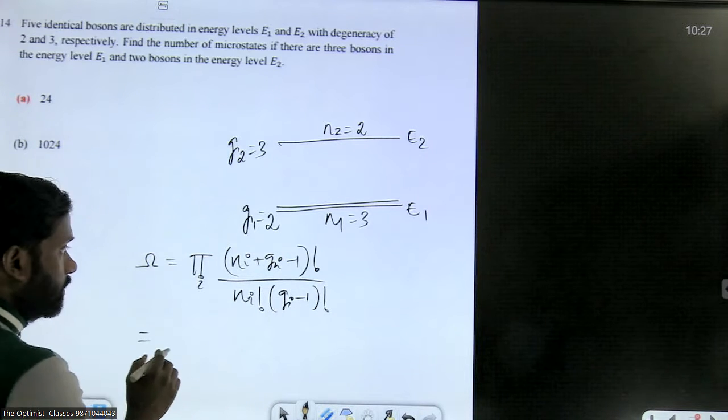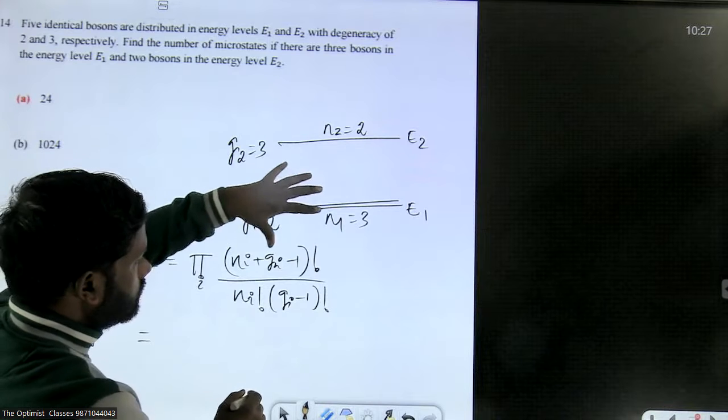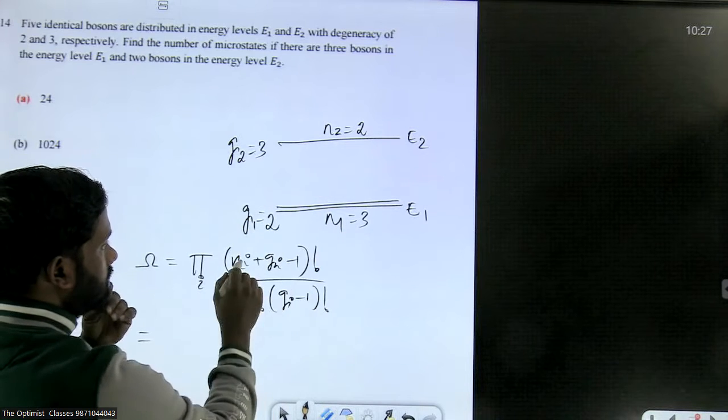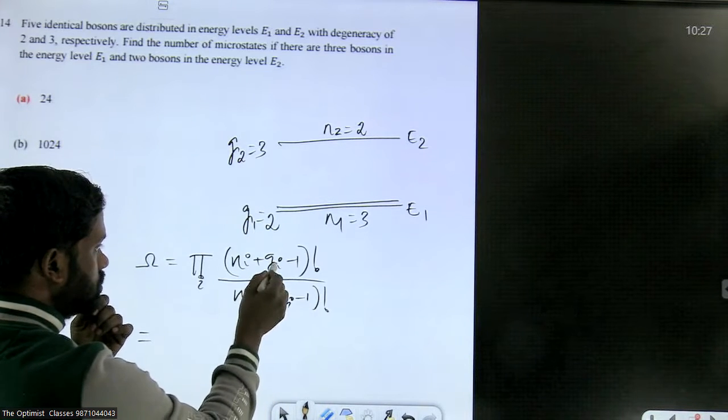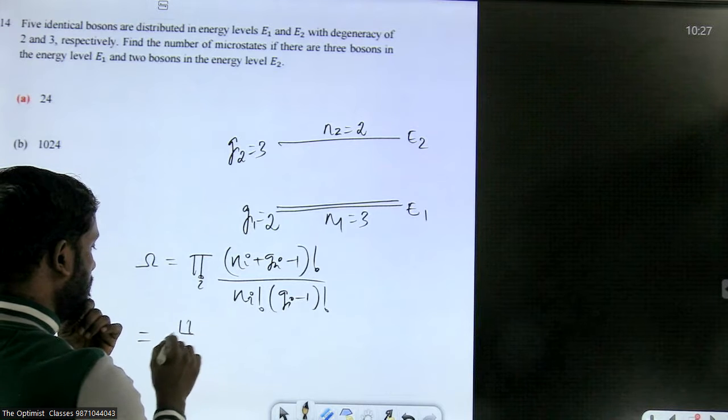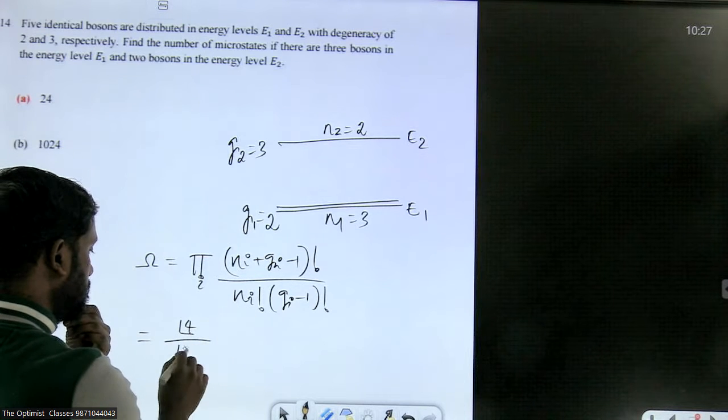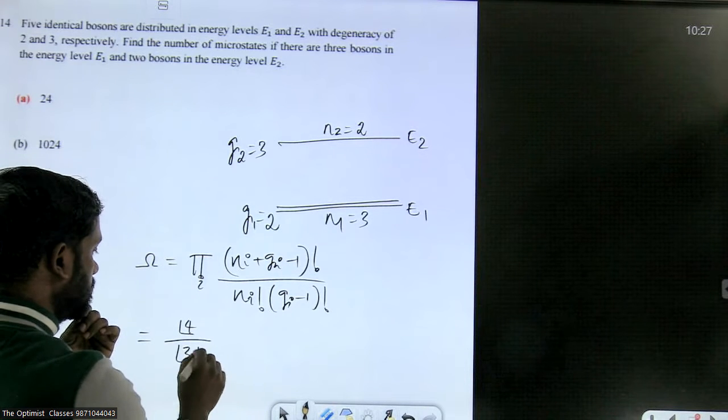Let's put it in for the first level. Here n is 3 and g is 2, so 3 plus 2 minus 1 gives factorial 4, divided by n is 3, so factorial 3, and g is 2, so factorial 1.